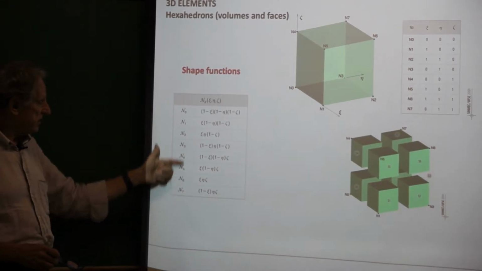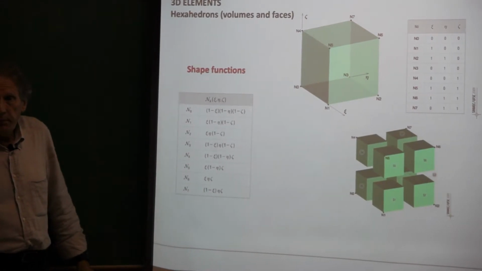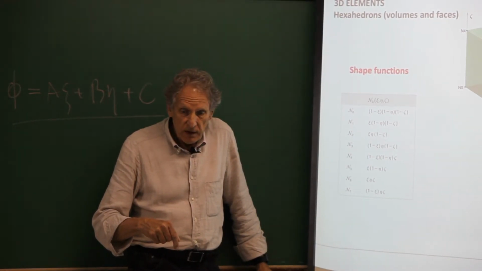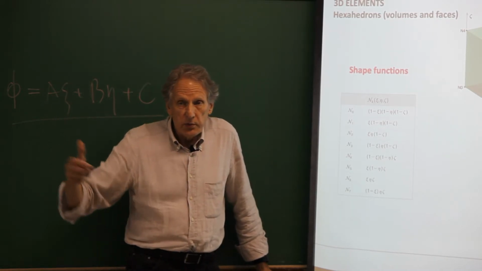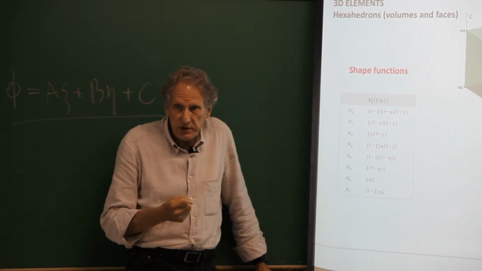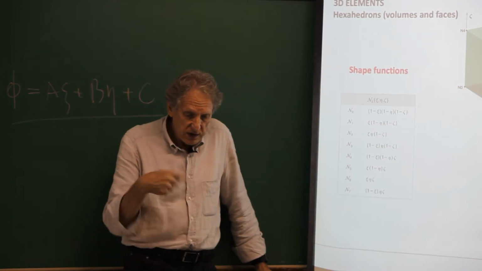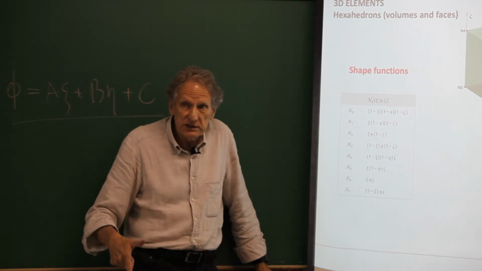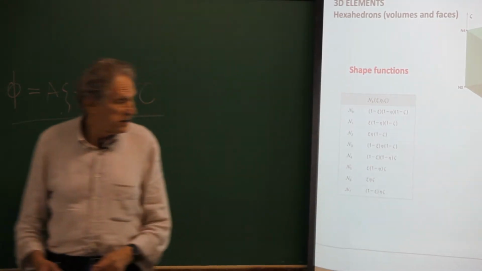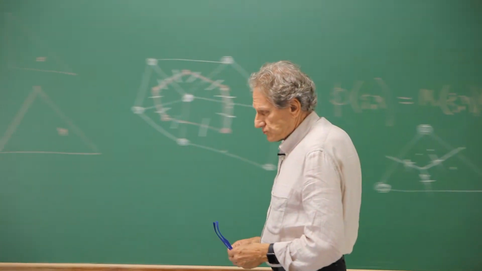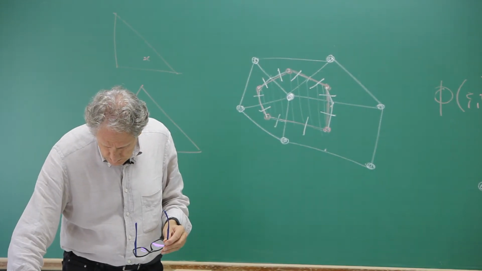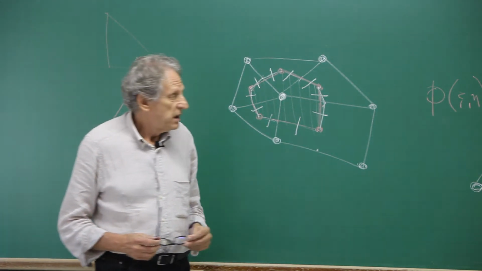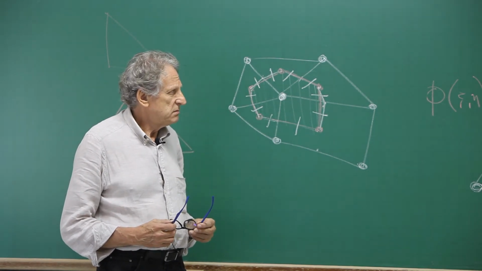You construct the shape function with the property of being 1 at the point of that shape function, and 0 in all other points. It has to be 0 in all other points except at the point where the shape function is being defined, which is 1. So this is the tetrahedral element.